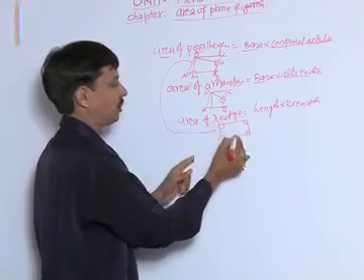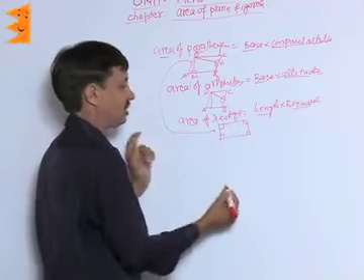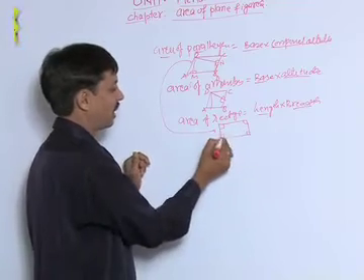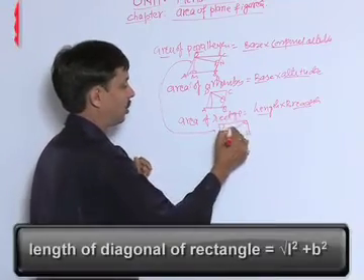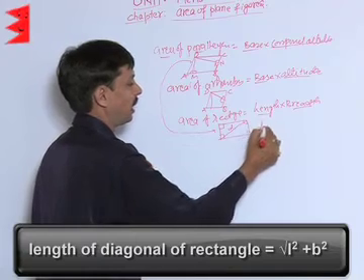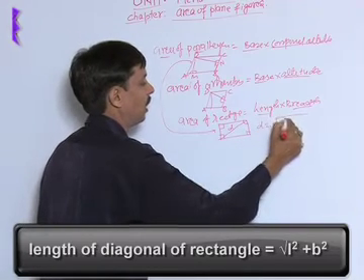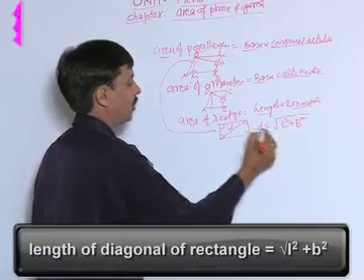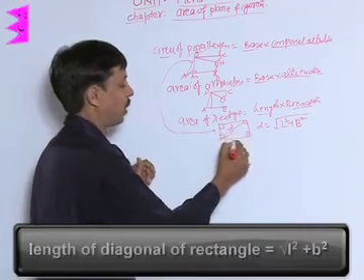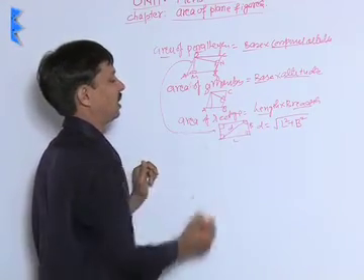So this is the definition of a rectangle, and length into breadth is its area. If somebody asks for the length of the diagonal, we write diagonal is equal to root of length square plus breadth square. We can use this formula for finding the length of the diagonal of any rectangle.